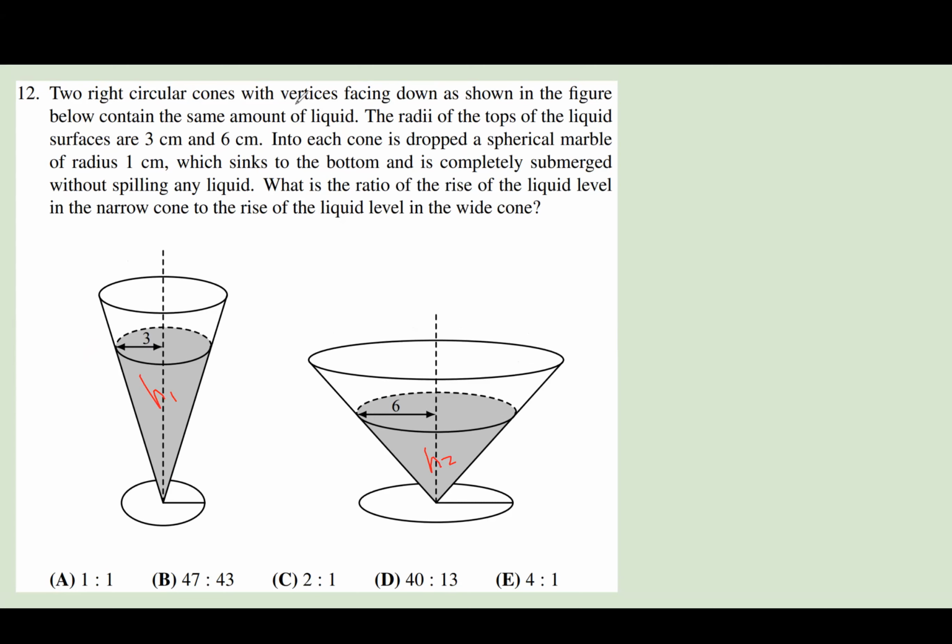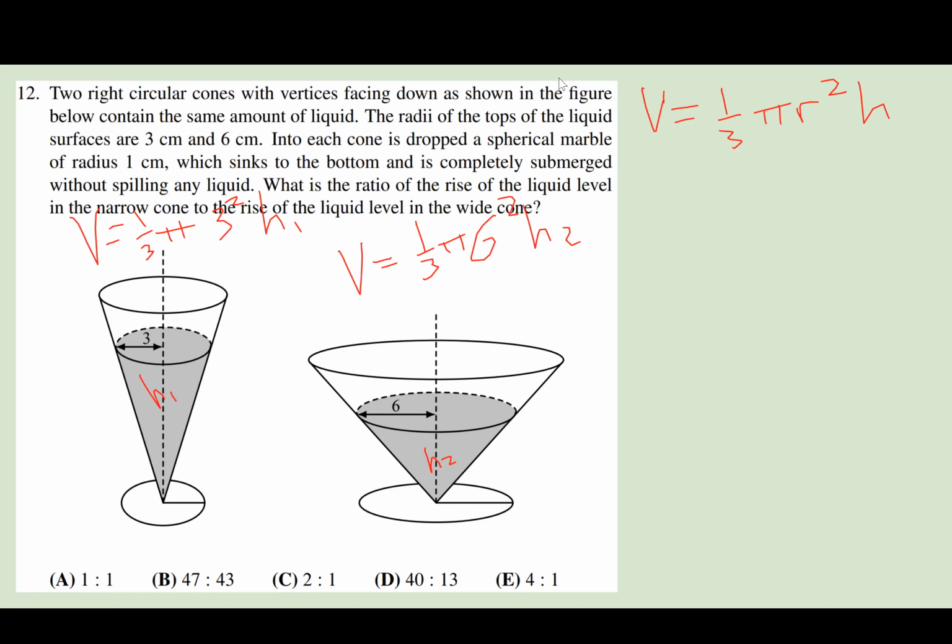We know that the volumes are the same, right? And we know that the volume of a cone is 1/3 pi r squared h. It's basically 1/3 the volume of a cylinder, right? So notice how the volume on the left would be 1/3 pi 3 squared h1, and the volume on the right would be 1/3 pi 6 squared h2.